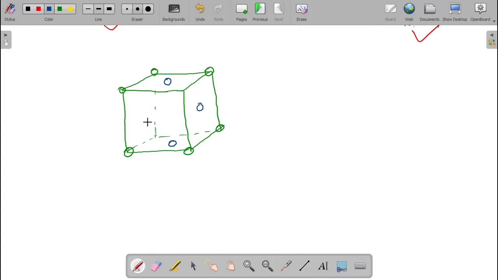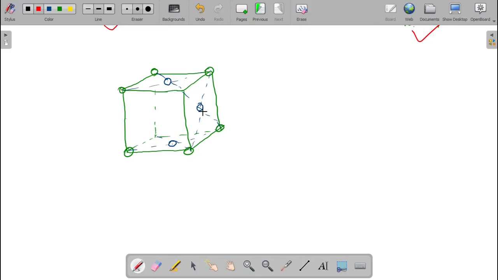Just to make it neat, I am not drawing all the face centered atoms, only these 3. This one at the top, this one at the bottom, like this, and this one on the left hand side face, right? The other atoms are there, but I'm not drawing them, just to make it simple.